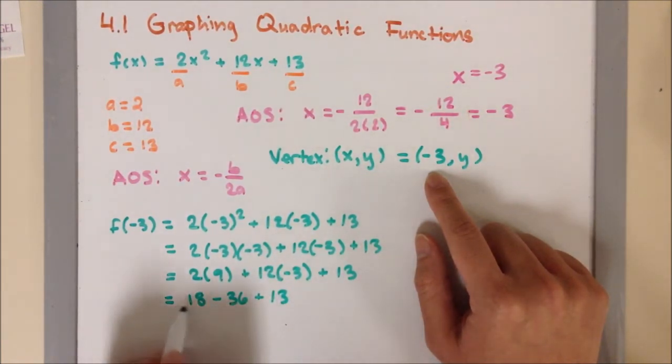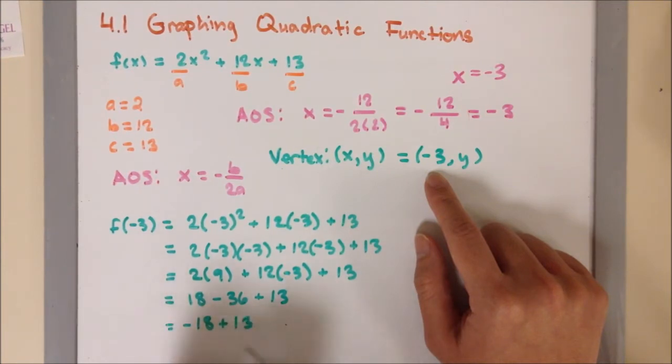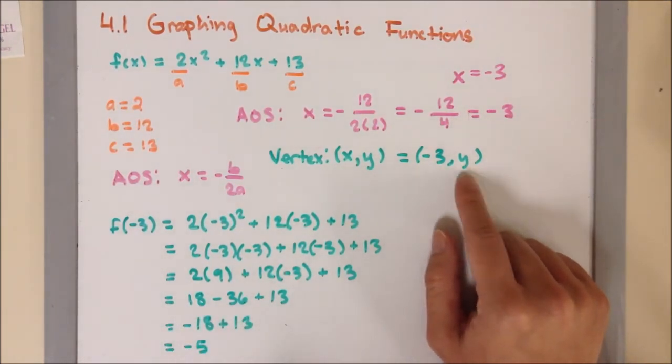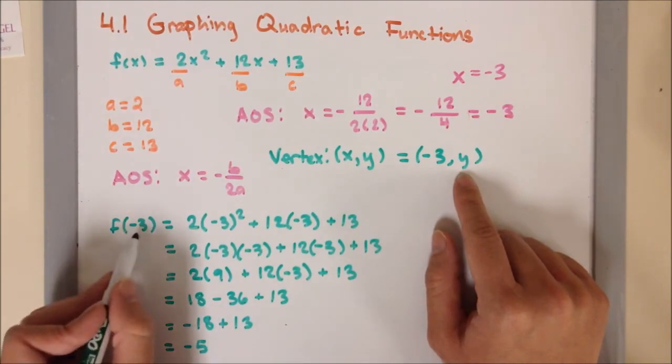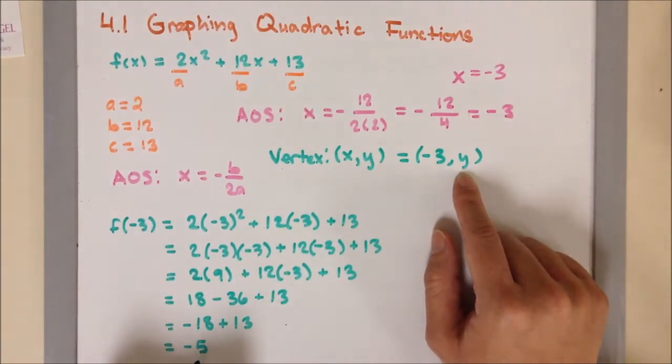Alright, so I'm going to go from left to right. 18 minus 36, that will become negative 18 plus 13. And then negative 18 plus 13, that would be negative 5. So our y value, or f of negative 3, will be negative 5.